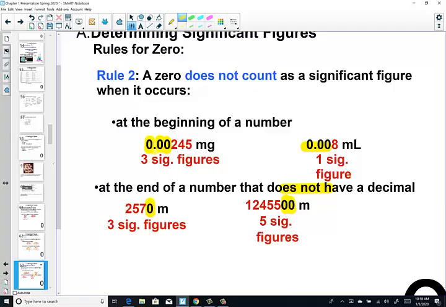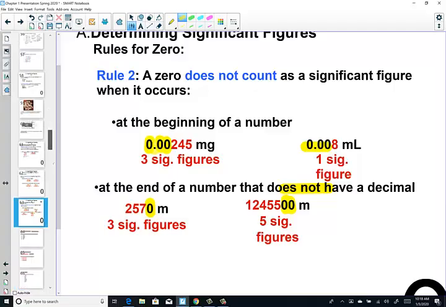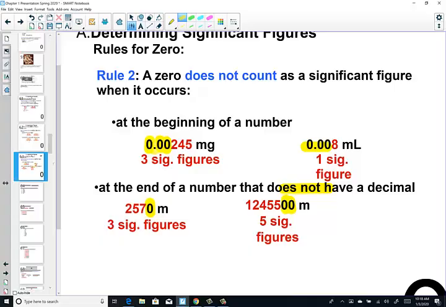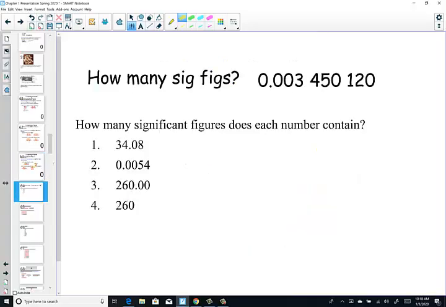A 0 is not significant if it starts the number with no other non-zero number prior. If it's at the beginning of a number, it does not have a different number in front of it, it is not significant. And again, if it's at the end of a number with no decimal point, it is not significant. Recognizing when zeros are significant or not takes practice.